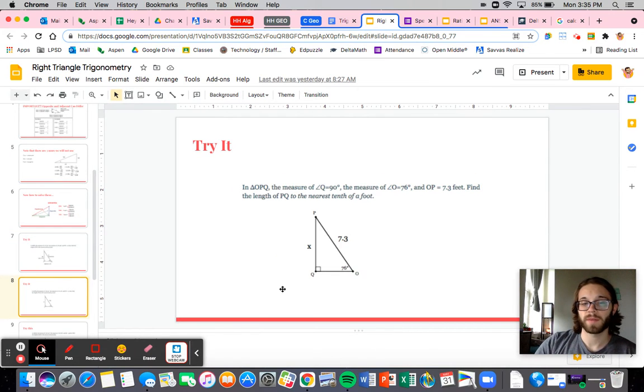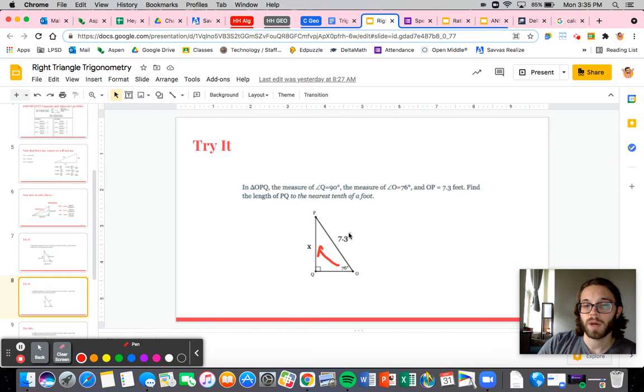Now we have something like this. I have my angle here, I have my opposite, I have my hypotenuse. So again, I need OH. I'm going to set it up. I know sine of theta is equal to opposite over hypotenuse.